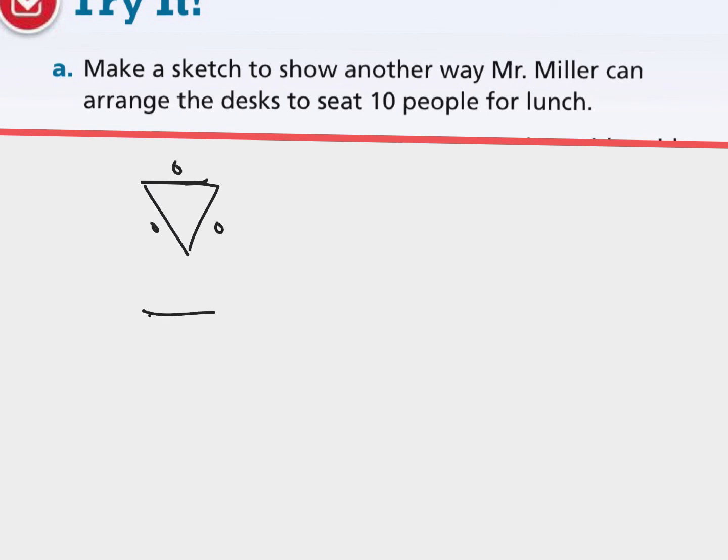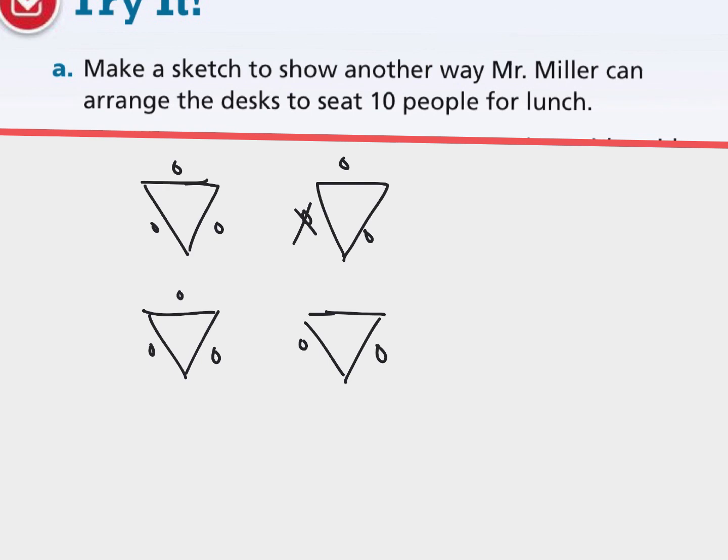If you separate these from each other, you could get 3 people on each side. And then maybe we'll not have somebody sit by themselves. We'll move somebody over there maybe. Anyway, with 4 desks, you could actually make that work with 10 people.